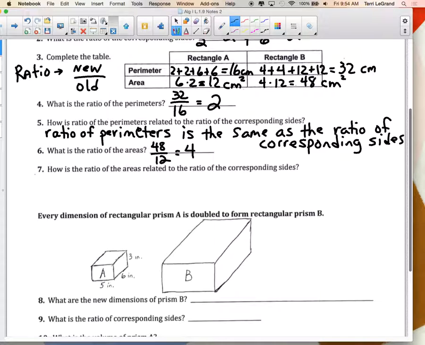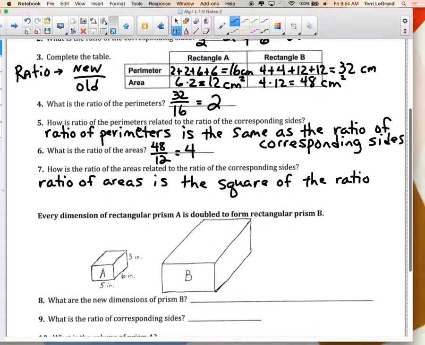And multiplying by 2, when 2 is the base, we could say 2 times 2 could also be called 2 squared, right? So let's call it the square of, because I think that's what we're going to find out, is that the ratio of the areas is the square of the ratio of corresponding sides.